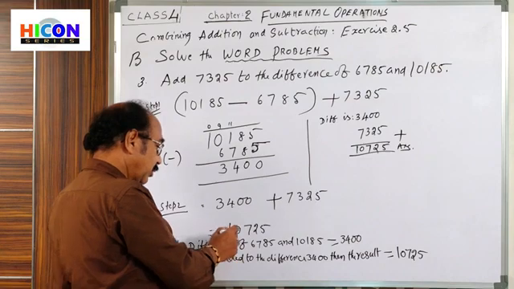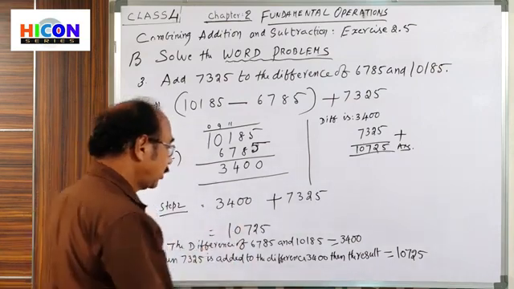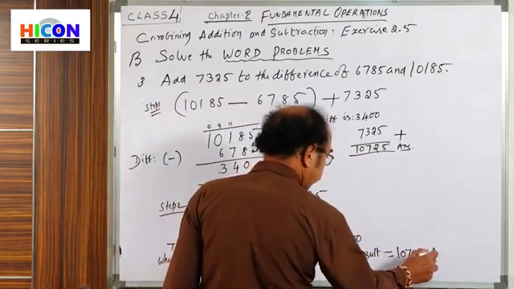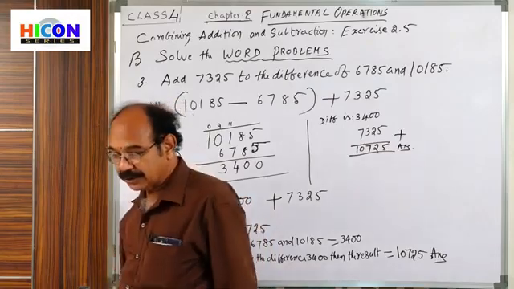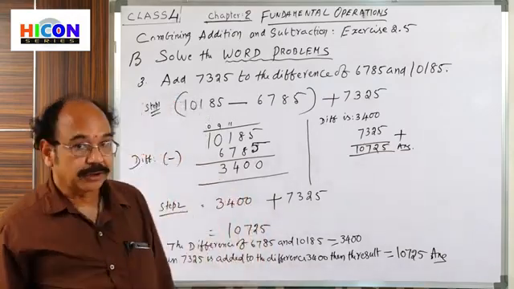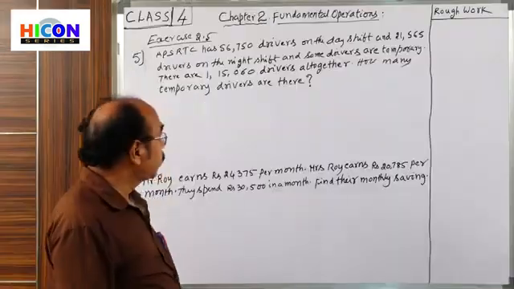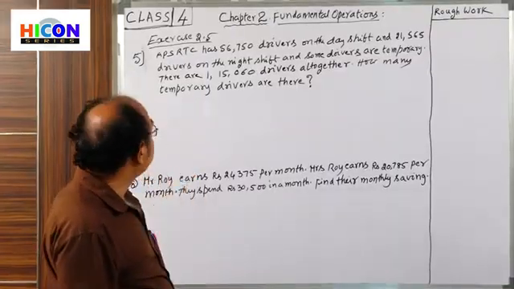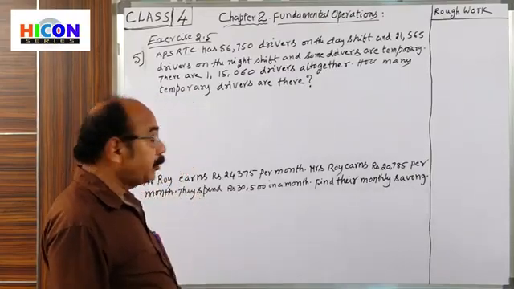Then you got 10,725. This is the answer. Like this combination of addition and subtraction, we can show in the problems. Understand, children? Okay, children. Now, in the exercise 2.5, word problems.